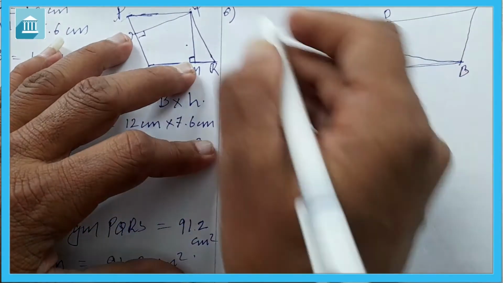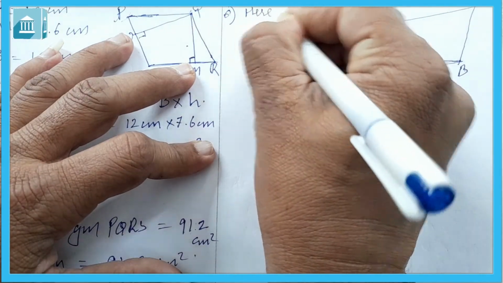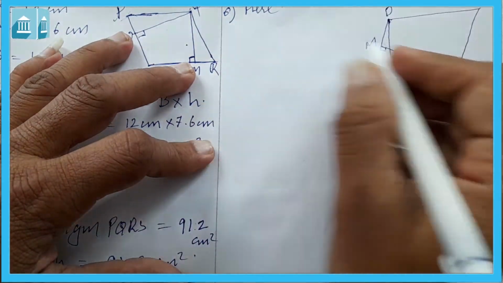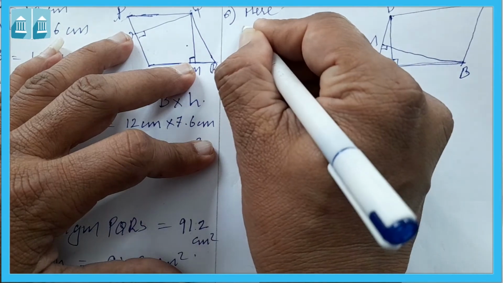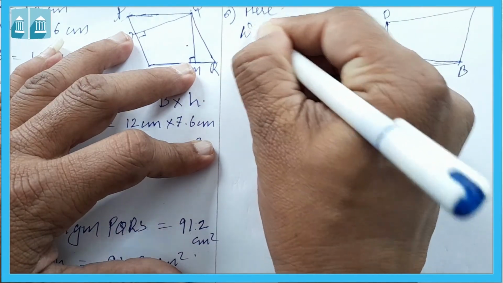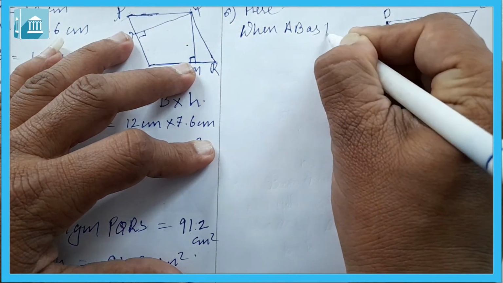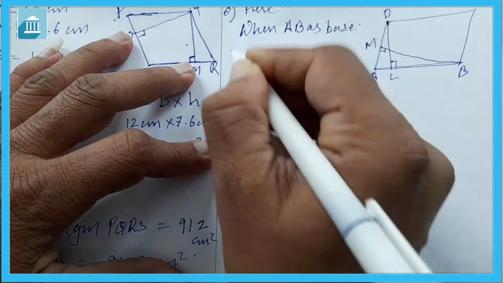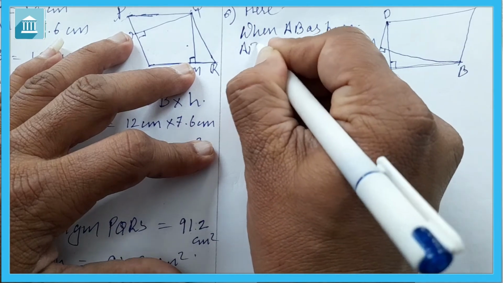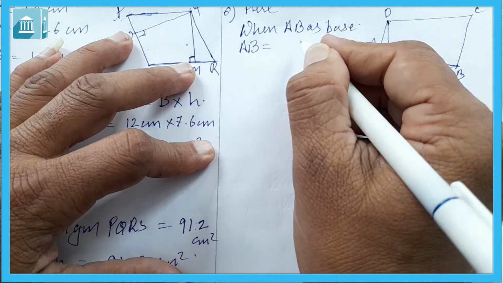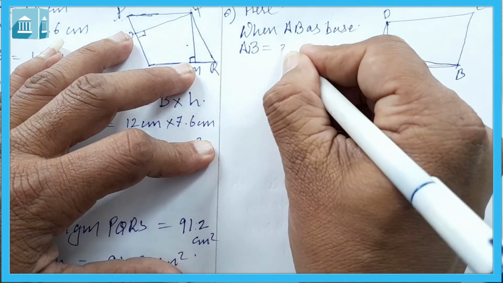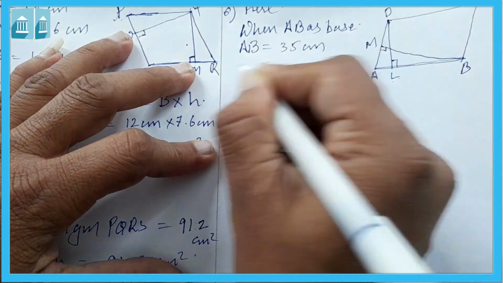Here, if we take AB as base, AB is given as 35 centimeter.